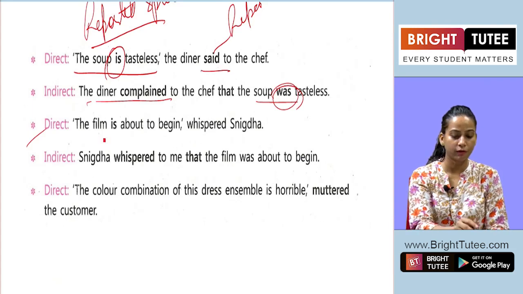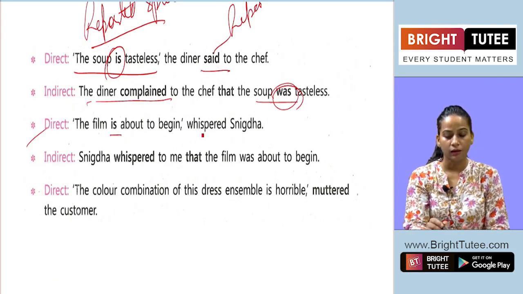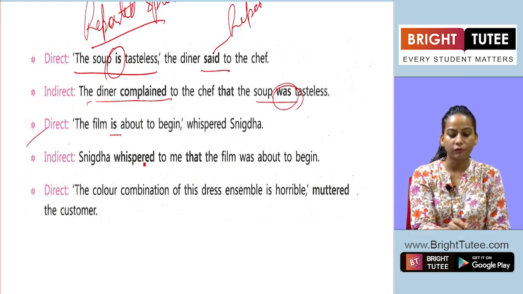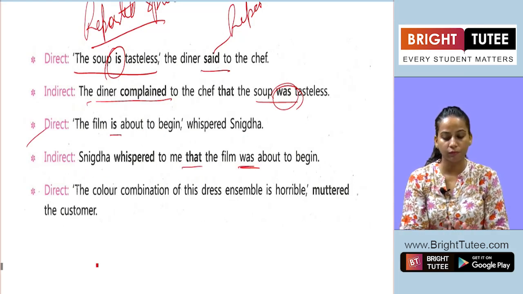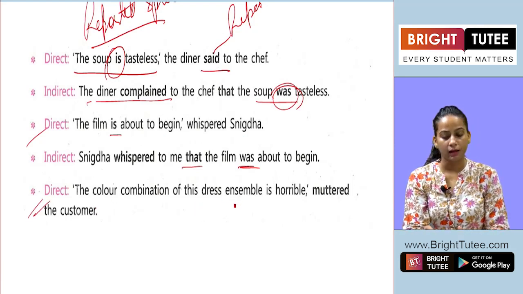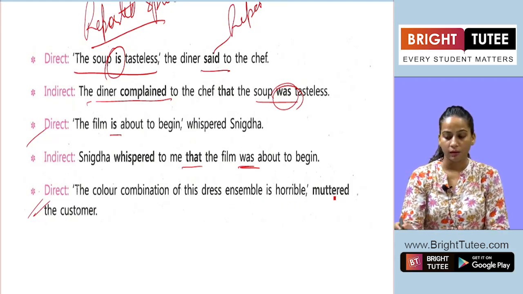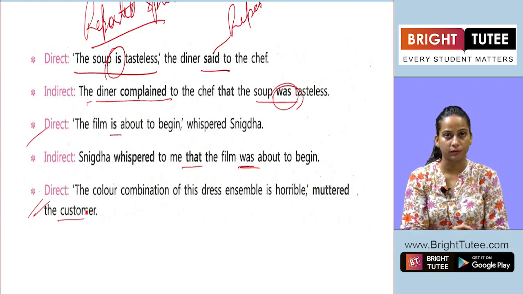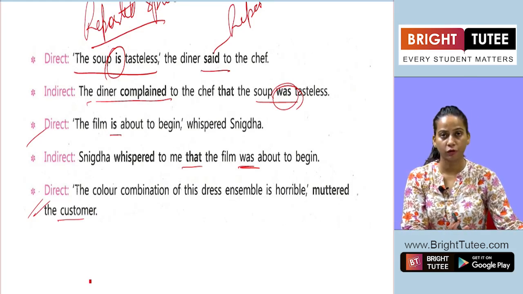Another example, the film is about to begin, whispered Singha. So, Singha whispered to me that the film was about to begin. Another one, the color combination of this dress ensemble is horrible, muttered the customer. So, how are we going to change it?